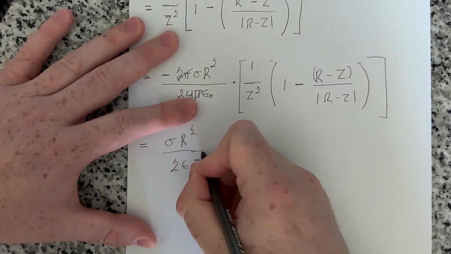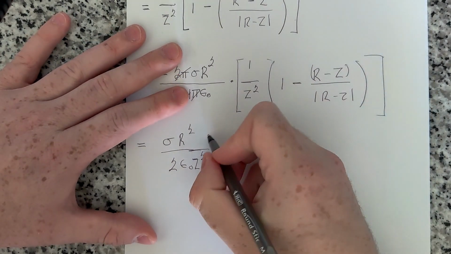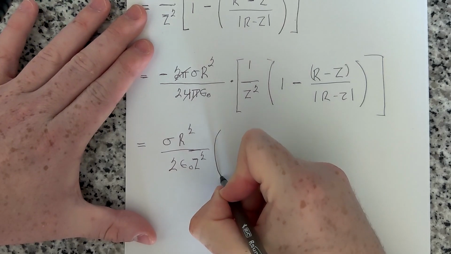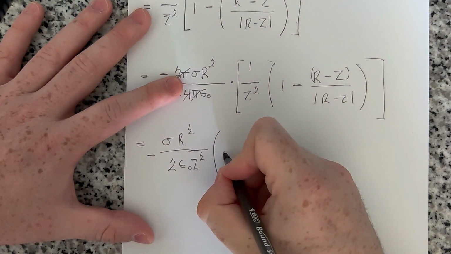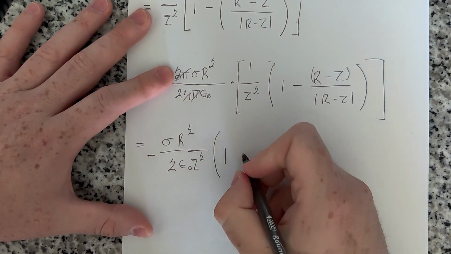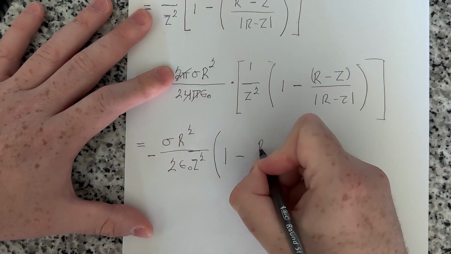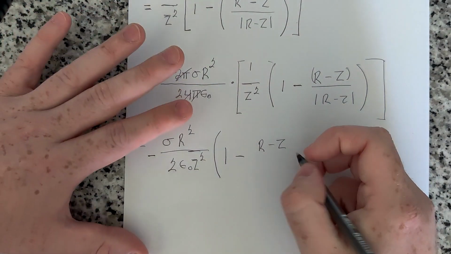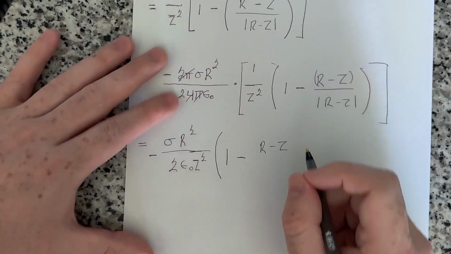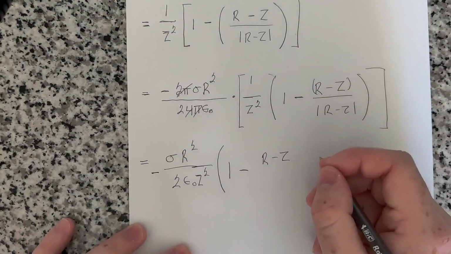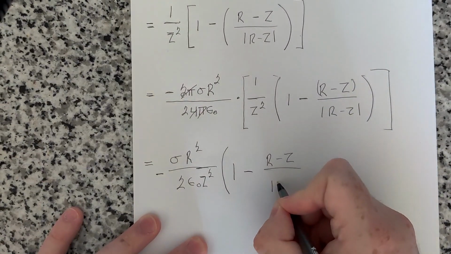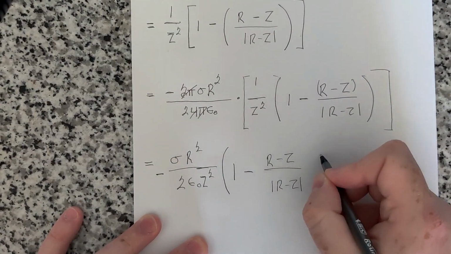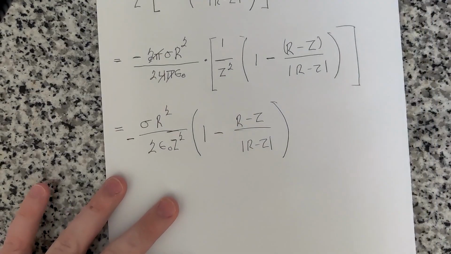I can pull that out. So we have z squared on the bottom. And then times, this is a minus sign here, times 1 minus r minus z over the magnitude of r minus z. Well, we'll see. Okay.